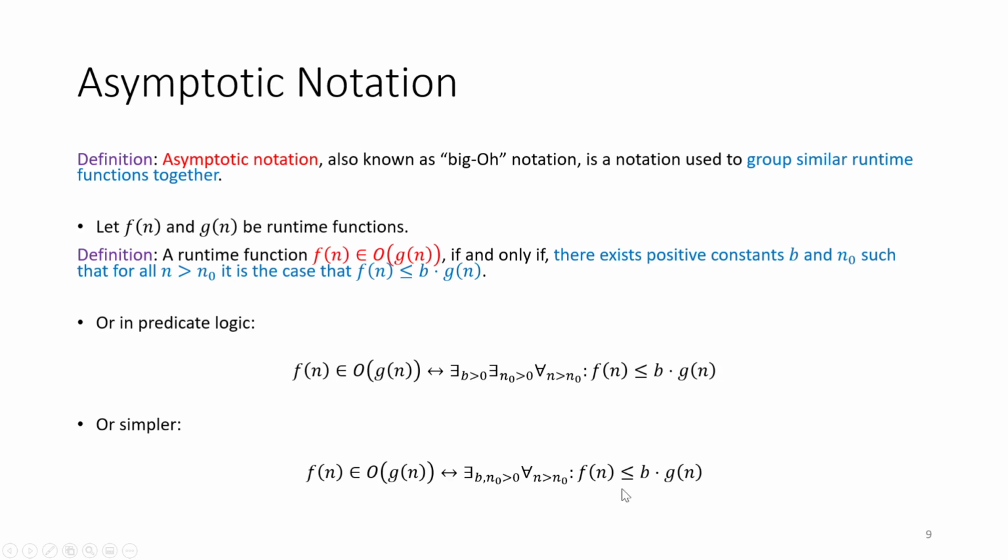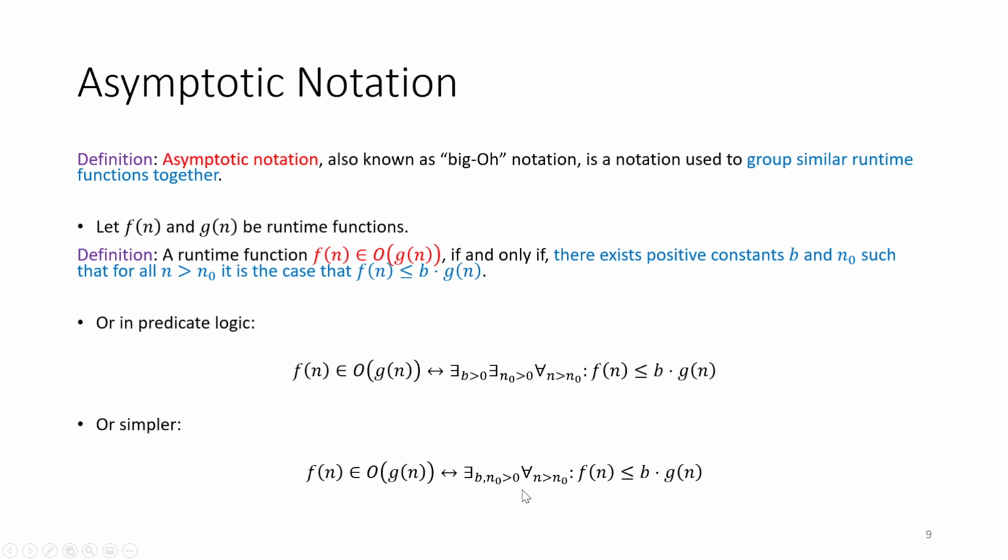And so what that means is when you're using this definition for your own proofs, you might pick a different b than I do. And that's fine, because my b might work and your b might work, and any b that works is fine. Okay, so pick the one that you like, if you like. And that goes for our n naught too. We get to pick that one too. Now, let's factor that in.